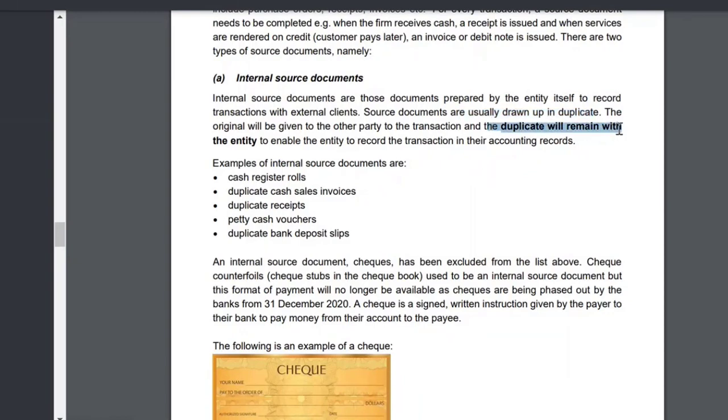Examples of internal source documents are cash register roll, duplicate cash invoices, duplicate receipts, petty cash vouchers, and duplicate bank deposit slips.